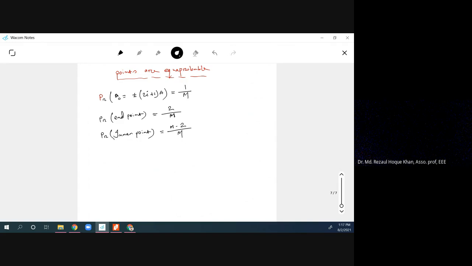So what is the average probability then? You see the end point probability and the inner point probability are different, so we have to find the average probability.